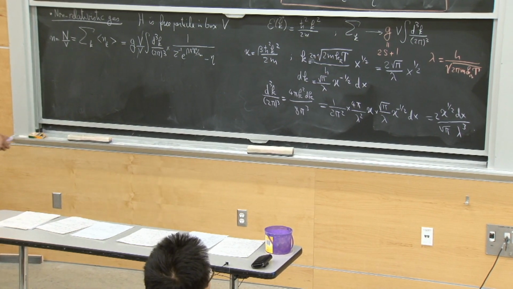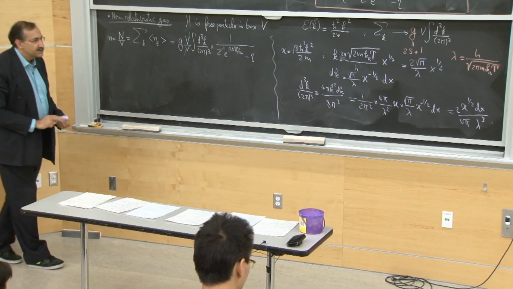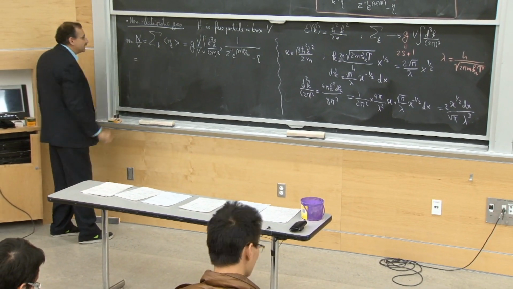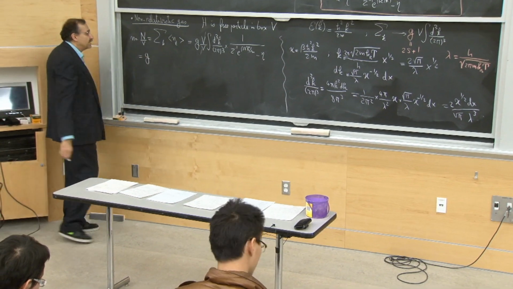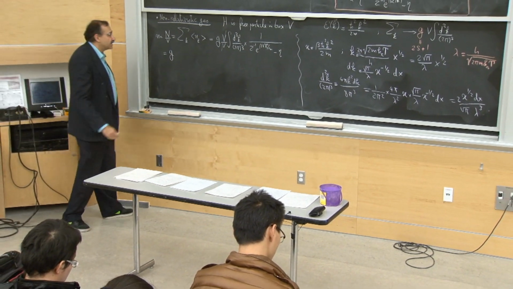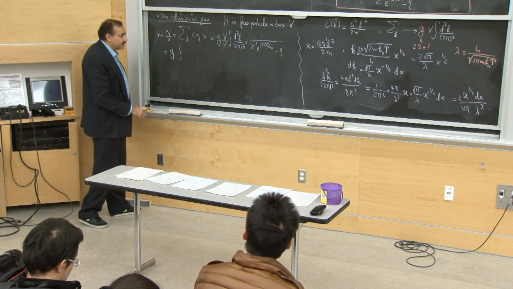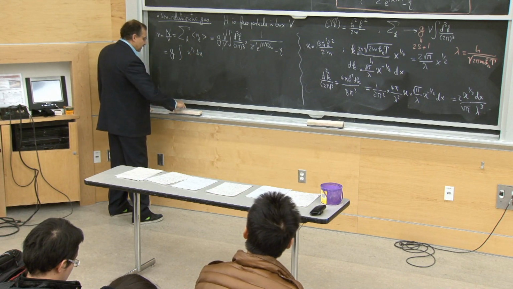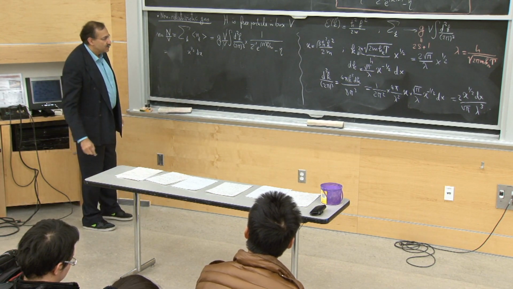Okay? So if I do this set of changes that I have on the right part of the board, what do I have for density? The density becomes simply g. I have this integral over k that I have recast as an integral that is x to the 1/2 dx. Let me pull out the factor of lambda cubed on the outside.